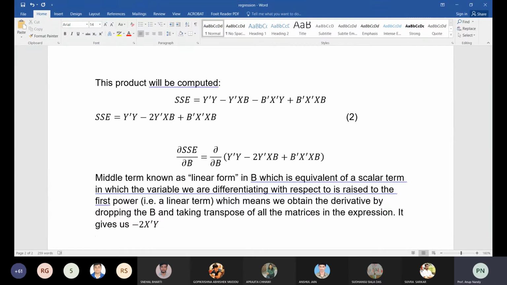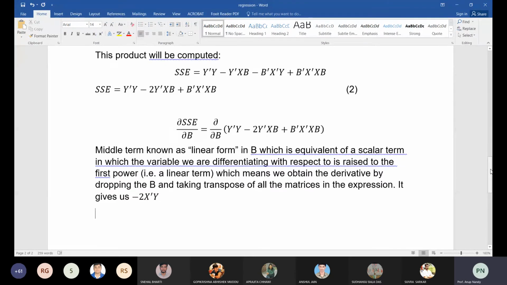You have to identify it in this way. It is linear, because here you cannot have any square term. The square term would appear if you had x transpose x, then you would have a quadratic term. But here it is not a quadratic term.